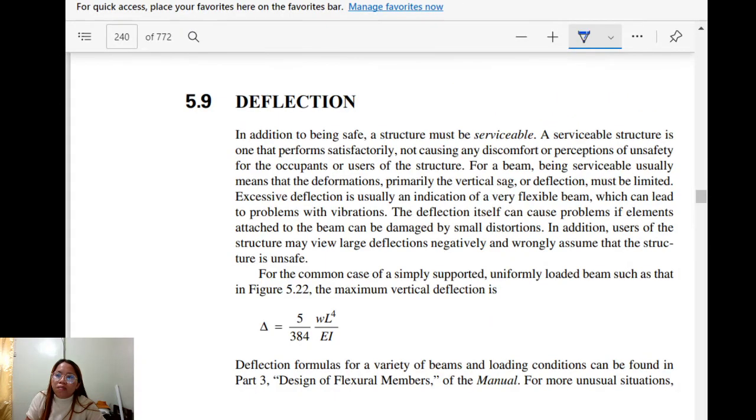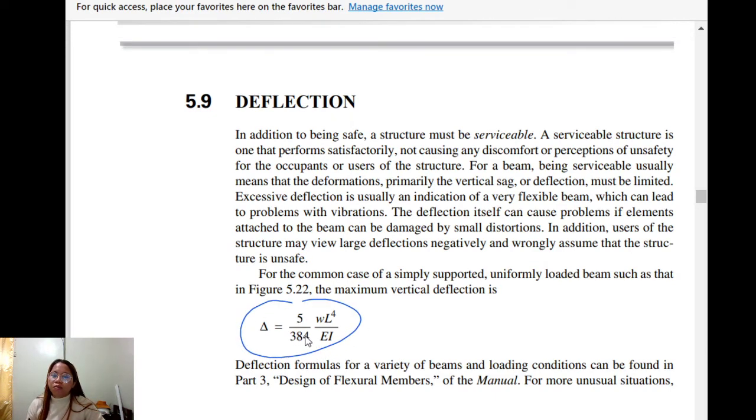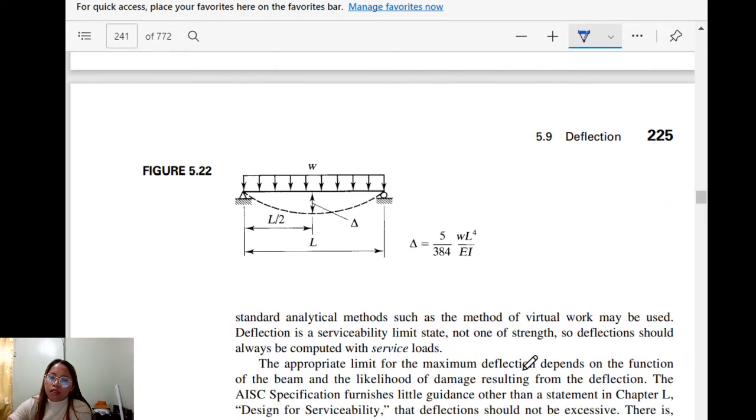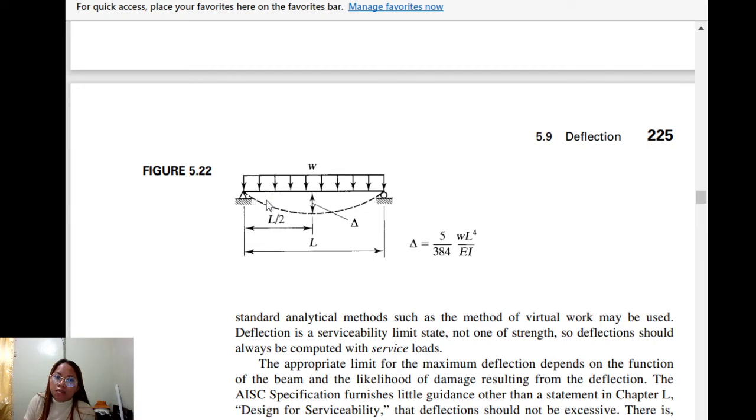So, what is it? This one. That is 5/384 WL to the 4th over EI. This is for the maximum vertical deflection of a simply supported uniformly loaded beam. And yes, this is the representation of the beam, no, with uniform load, and the deflection.